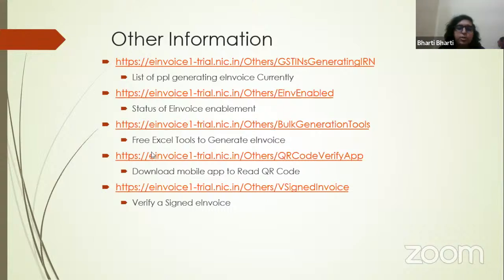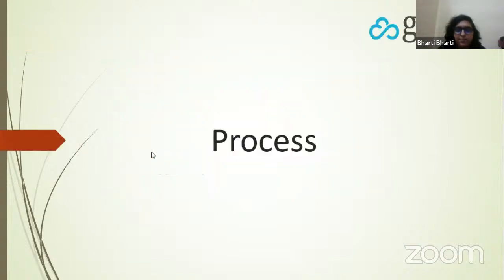The portal also gives an app to scan the QR code and read the contents to verify it. And you also have the option to verify a signed invoice. The response you get from the e-invoice portal is known as an acknowledgement JSON, and you can verify the signed invoice using that JSON. My colleague will be showing you later on what the acknowledgement JSON is.